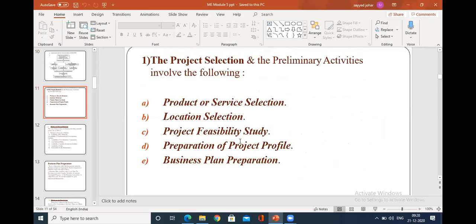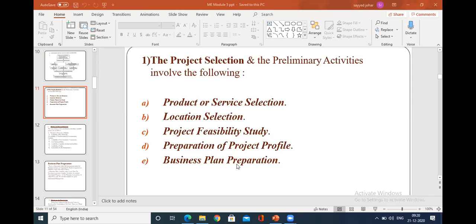So project feasibility study, you need to go through a study after a location has been selected. I just go through these topics in a short span of time, not at long stretch. So: location selection, project feasibility study, preparation of a project profile and business plan.